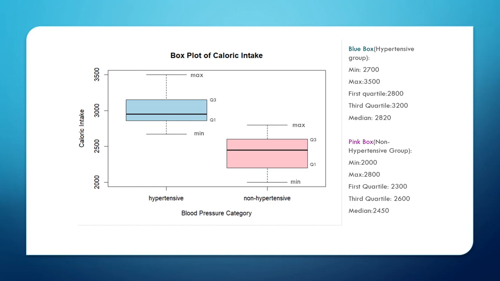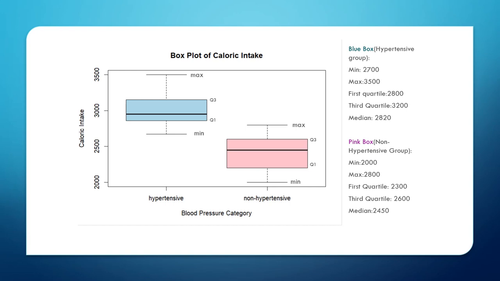The interquartile range for the hypertensive group is 3200 minus 2800, that is 400. And the interquartile range for the non-hypertensive group is 2600 minus 2300, which is 300. The hypertensive group has a larger interquartile range, reinforcing the idea of greater variability in caloric intake.